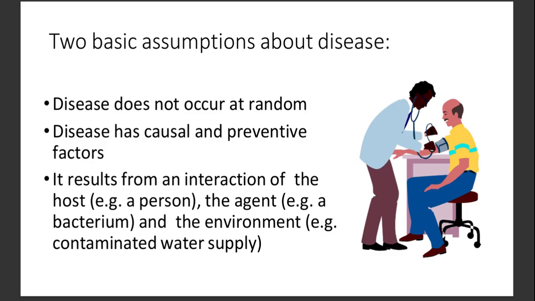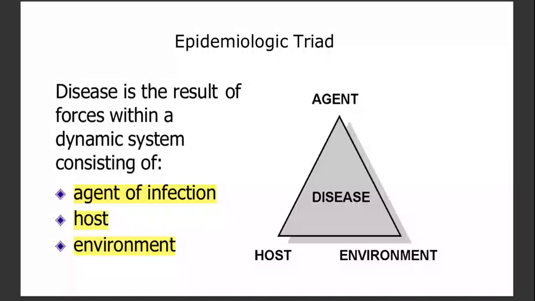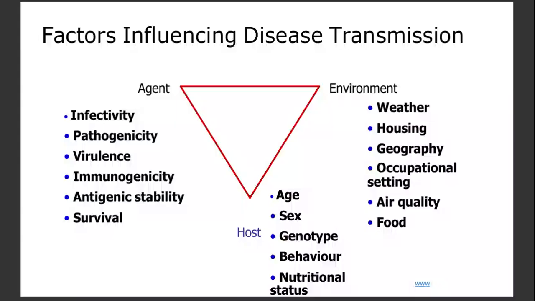Let's say, for example, for malaria, there is contaminated water where this thing is able to grow, right? So this is the epidemiological triad. Disease is a result of forces within a dynamic system consisting of the agent, the host, and the environment. These all should agree for you to have disease. Otherwise, you are not going to have disease.